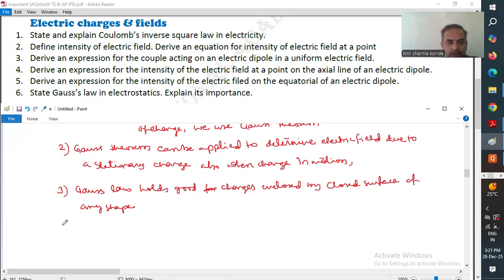And last, Gauss law gives a relation between electric field and charge.